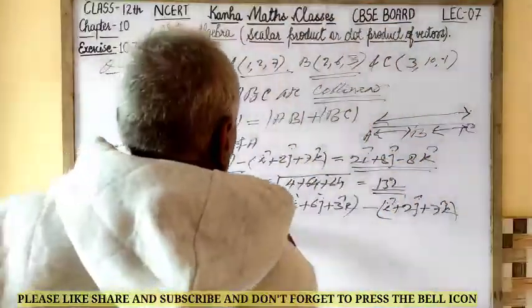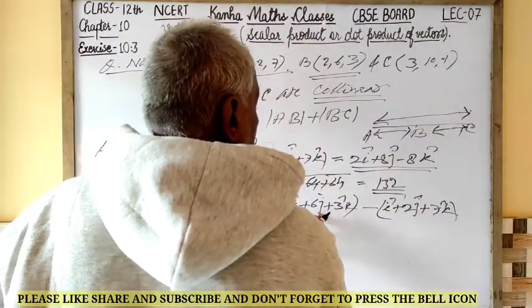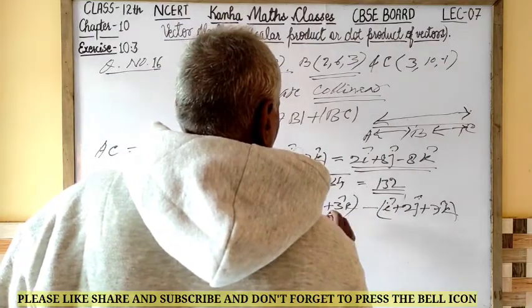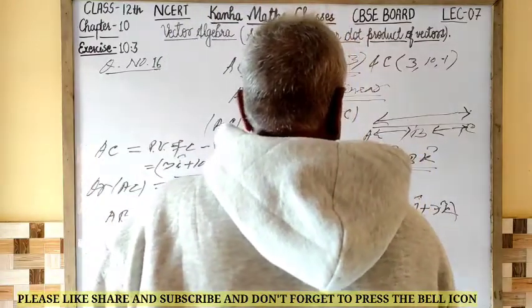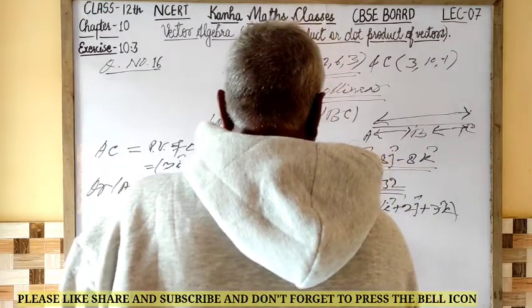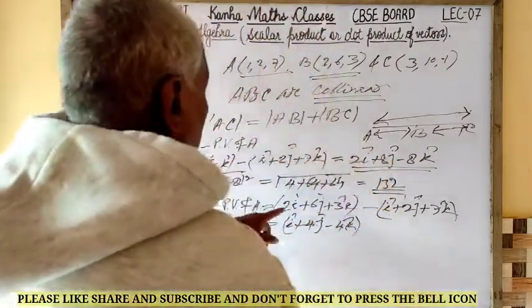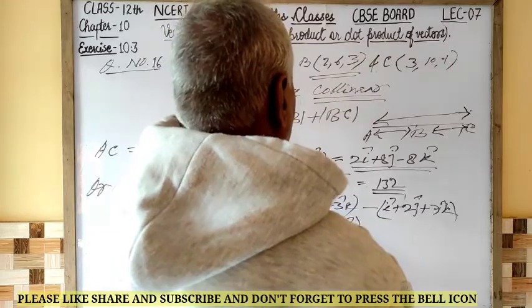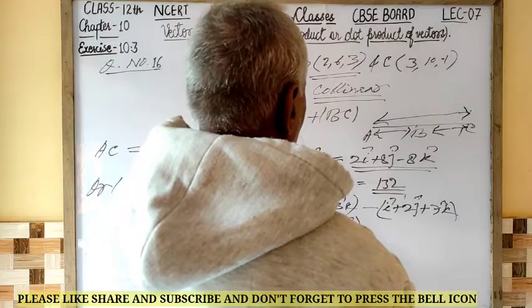This is 2i minus i means i, 6j minus 2j means 4j, and 3k minus 7k is minus 4k.